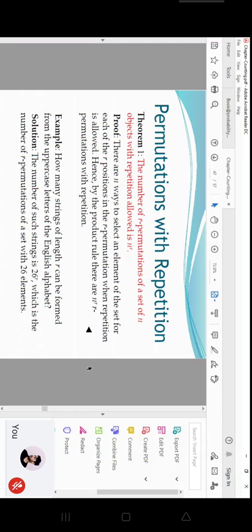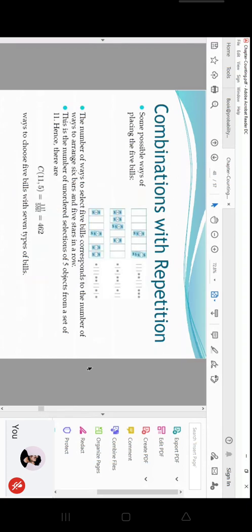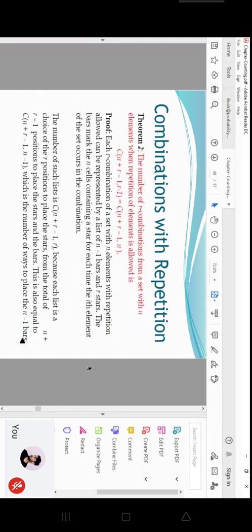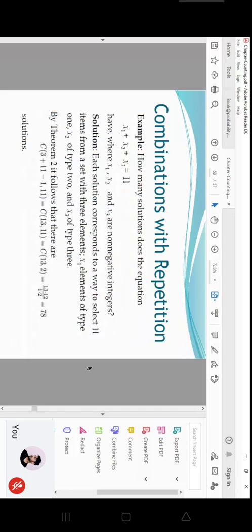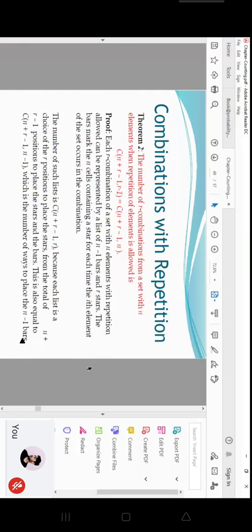Now if that is permutation with repetition, next is combination with repetitions. In case of combinations with repetitions, the formula is N plus R minus 1 CR. N plus R minus 1 CR. As we know, combination is applied in the case of unordered counting.